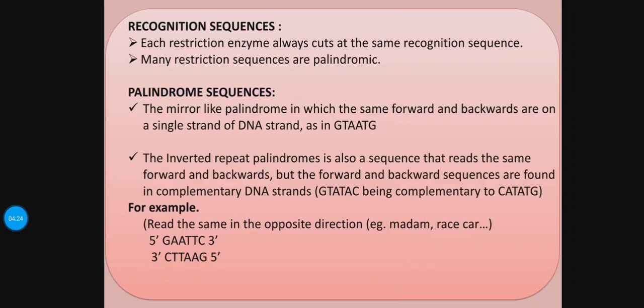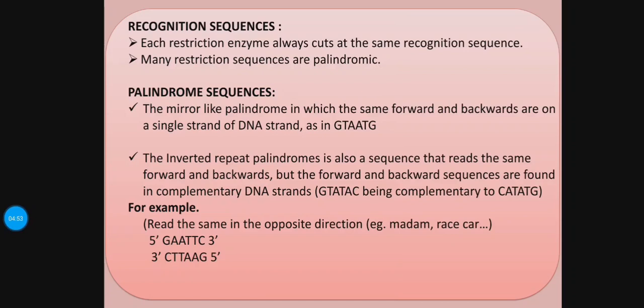It means they are mirror-like palindromes, in which the same sequence reads forward and backward on a single strand of DNA. For example, here I am taking GTA ATG. If you read it in the forward direction, GTA, and if you read in the backward direction, then the sequence is the same, GTA. So it's a palindromic sequence, or a mirror-like palindrome.